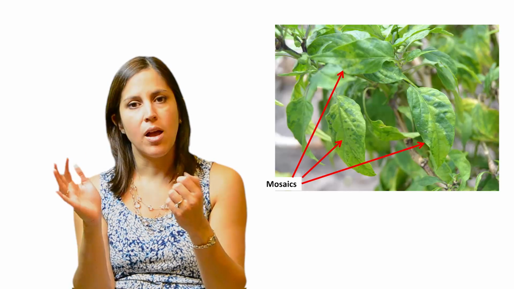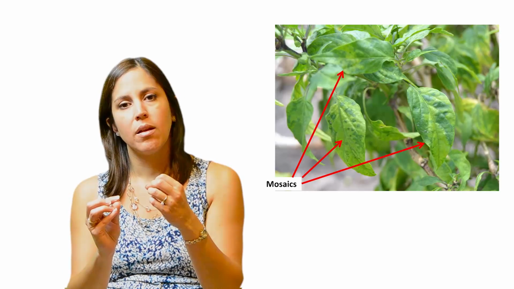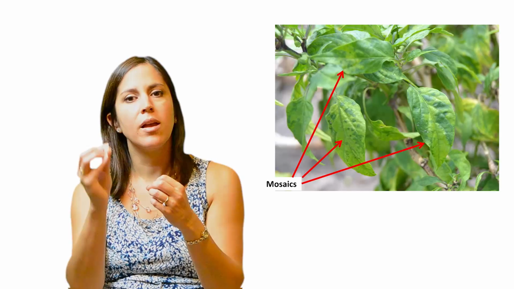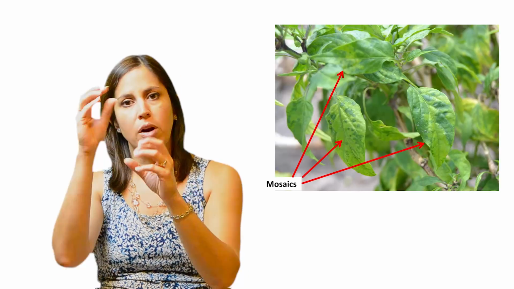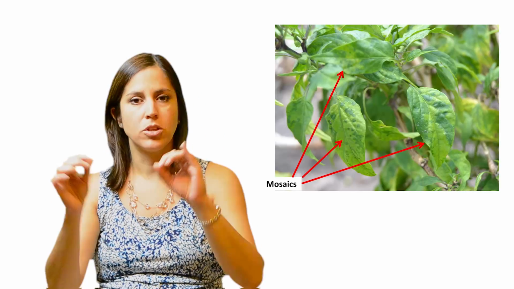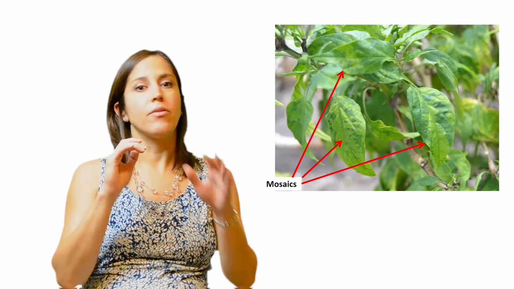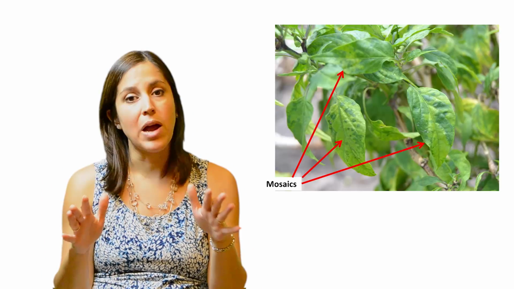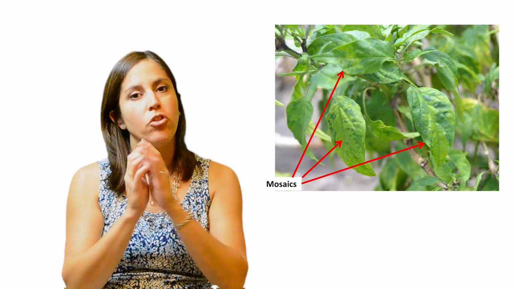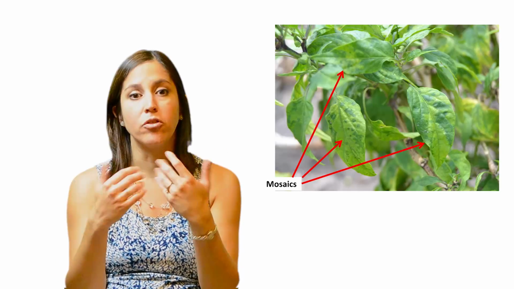Some leaves are completely chlorotic with very dark green parts, and then you have other leaves that have a completely different pattern. It's the same virus and the same plant, with almost adjacent leaves all showing different mosaic patterns.